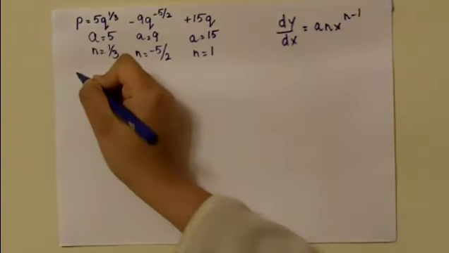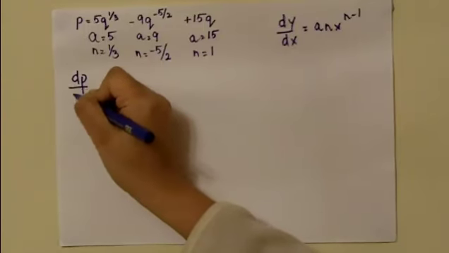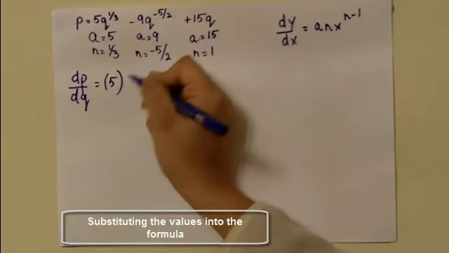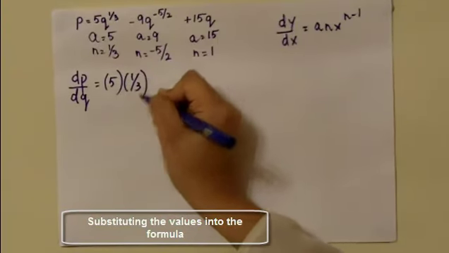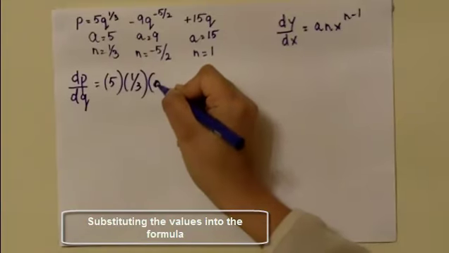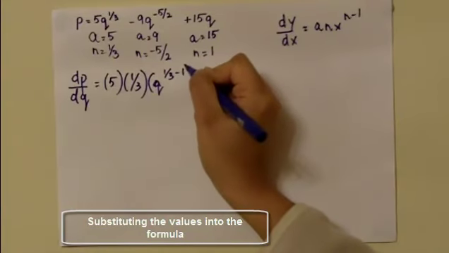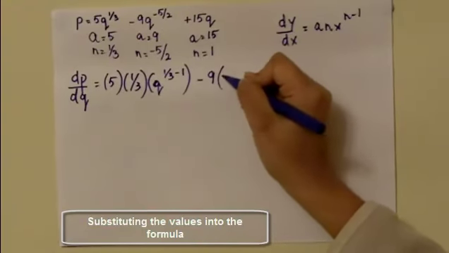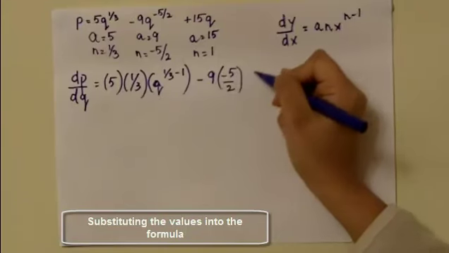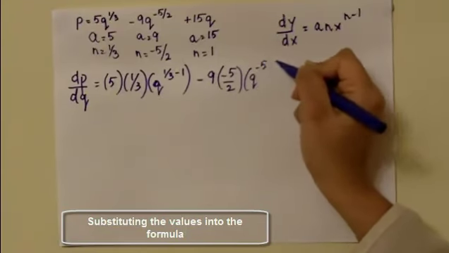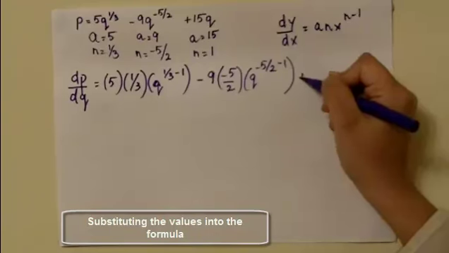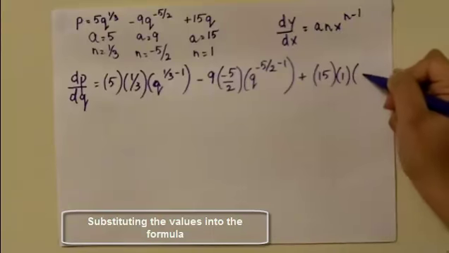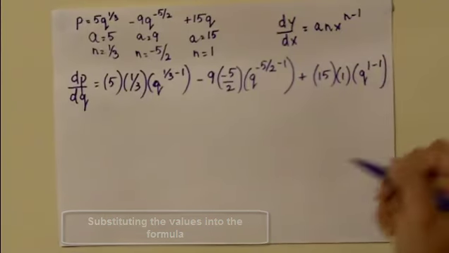We have dp over dq, which is equal to a is 5, n is 1 over 3, q to the power of 1 over 3 minus 1, minus 9, which is a, n is minus 5 over 2, q to the power of minus 5 over 2 minus 1, plus 15 is a and n is 1, q to the power of 1 minus 1.